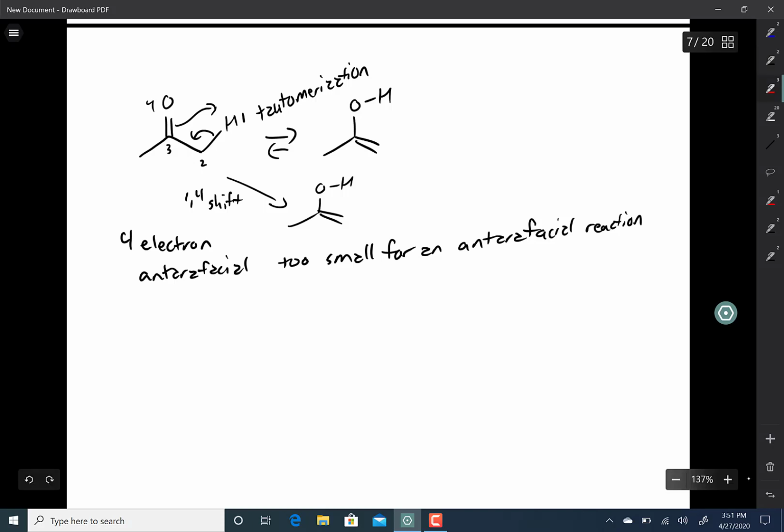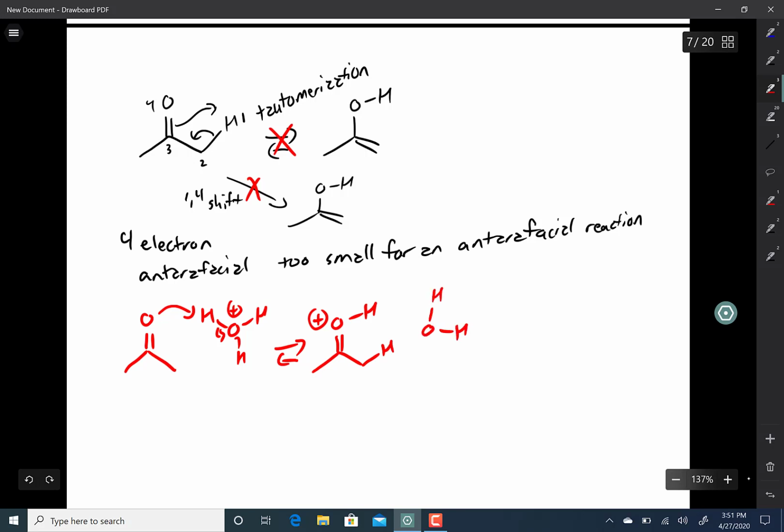Therefore, tautomerization is not a concerted reaction. Instead, tautomerization is a 2-step reaction, where if you're in acid, you protonate first, and then you deprotonate.